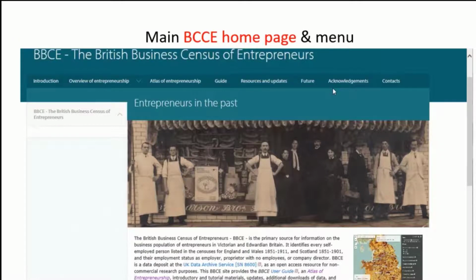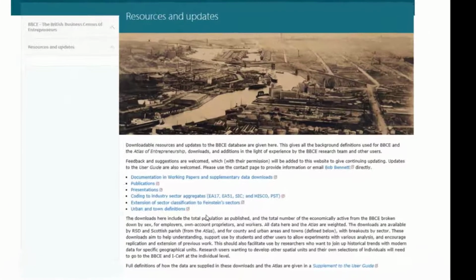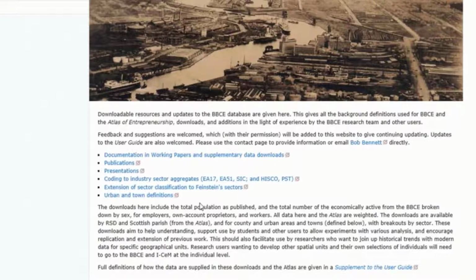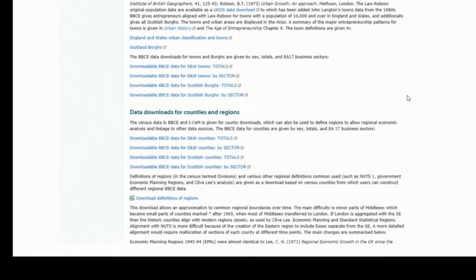Just to quickly look at the resources page to show you what's there. This gives you an idea of the documentation, the publications that are all available, and various definitions and so on. Further down the resources page, you get to various downloads that are available for towns, Scottish burghs, the urban classifications by counties. You can also aggregate for regions.